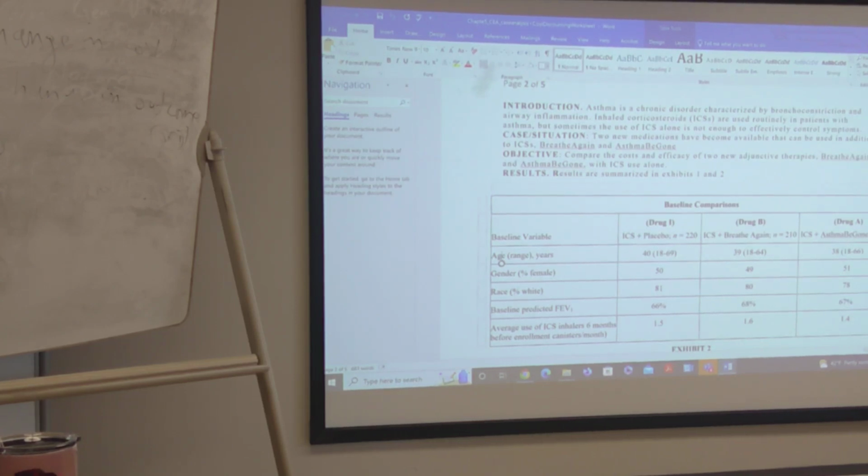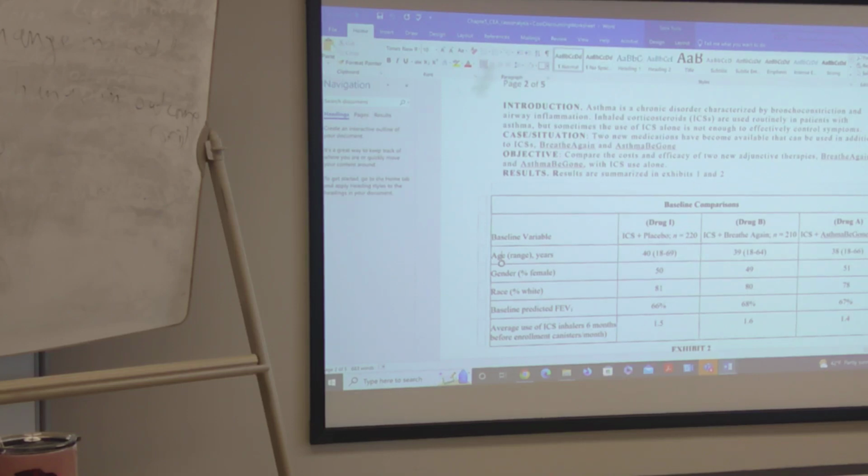How many take drug I, drug B, and drug A. Drug I is ICS plus a placebo. That's the standard treatment, so the patient is still getting some treatment called ICS. And there are 220 subjects in that. Drug B is ICS plus Breathe Again, an additional intervention, and there are 210 over there.